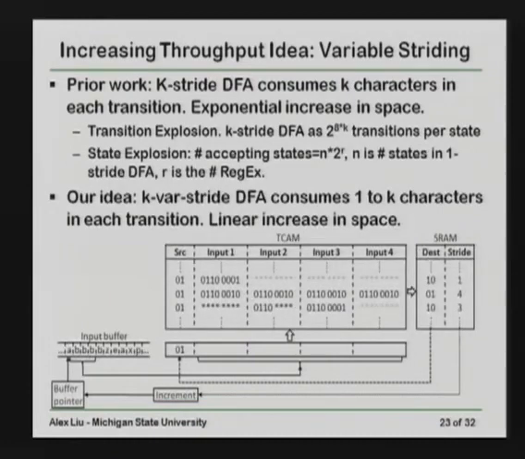First, there is transition explosion, because every edge used to be 256, and right now it will be 256 to the power of k. For example, 2 stride is 256 to the power 2, 3 stride is 256 to the power 3. That's transition explosion. And second, there is also state explosion. The number of states will explode pretty quickly.